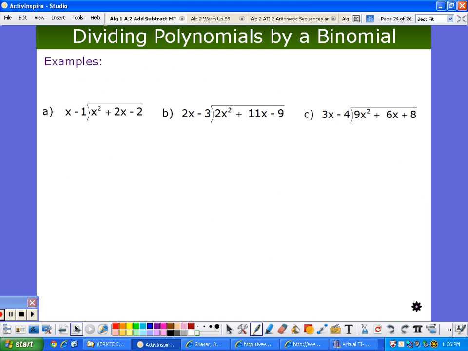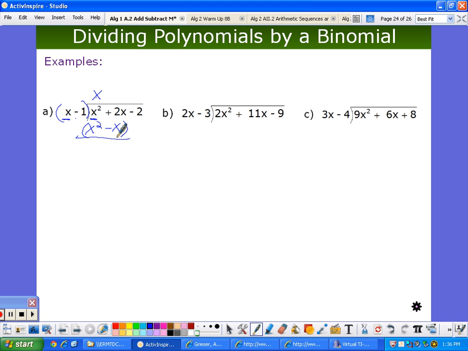Let's do another example here. So again, I'm getting towards the bottom of page 2. So this is example A. Let's try it again. You take the x and you say x times what is x squared? x goes on top. We do a multiply step: x times x squared, x times negative 1.